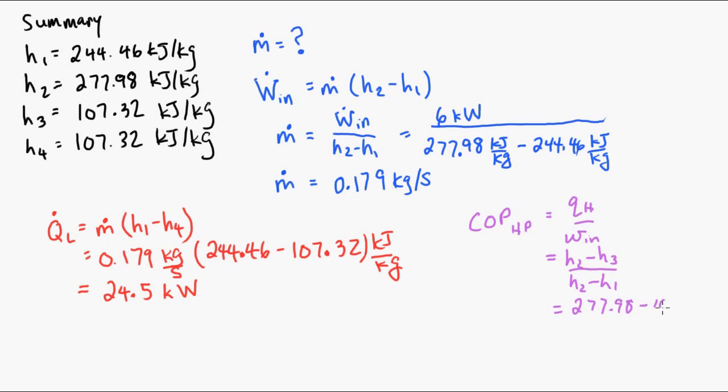We'll plug in these numbers, put them into our calculator, and we get a coefficient of performance of 5.09. So here's a simple example, and you can use it to do something more complex later on.